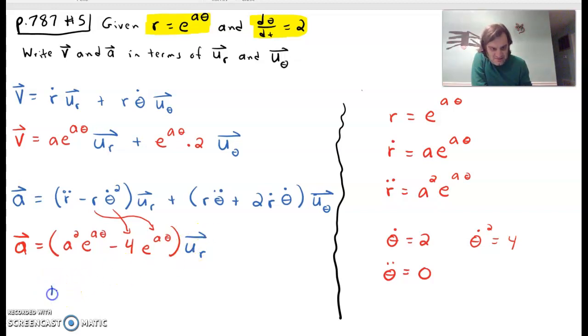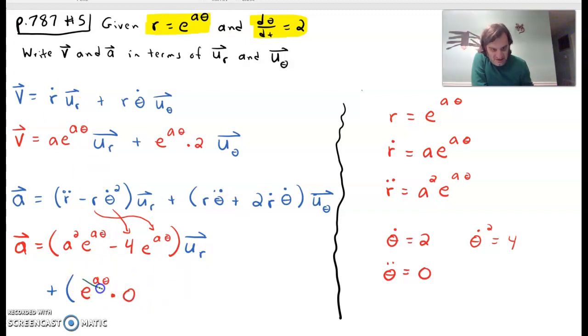So that has the unit radius vector attached to it. And then we're going to add to it, and I'll come to the next line since I ran out of room last time. But r, which was e to the a theta, times the second derivative of theta, which would be 0.